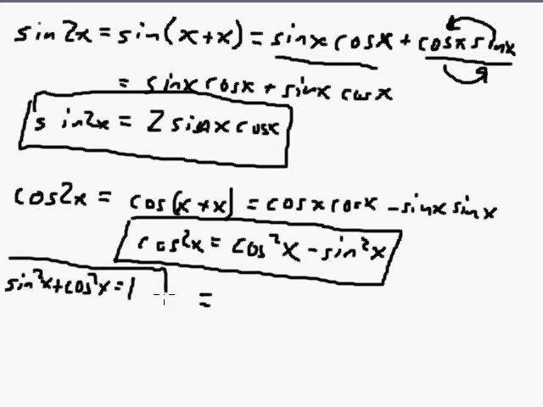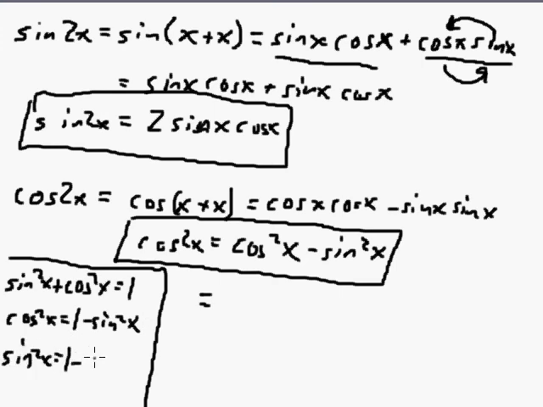Now, I can rearrange it so I can bring things to the other side. So that means that cos squared x is equal to 1 minus sine squared x. Or I could bring the cos squared x over, so I get sine squared x equals 1 minus cos squared x. Now, if I use these things in this, it turns cos 2x into different things.